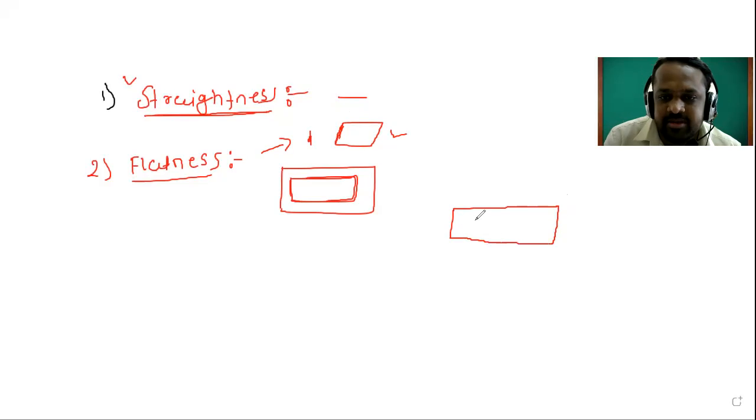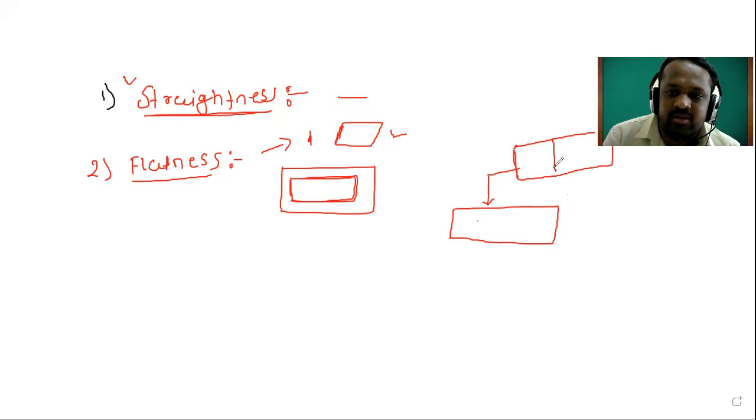Suppose this is a shaft or any component, and on that component they have given the control feature, the box that is drawn, called the control feature. Suppose they have given it like this. Then please read this figure and tell me.